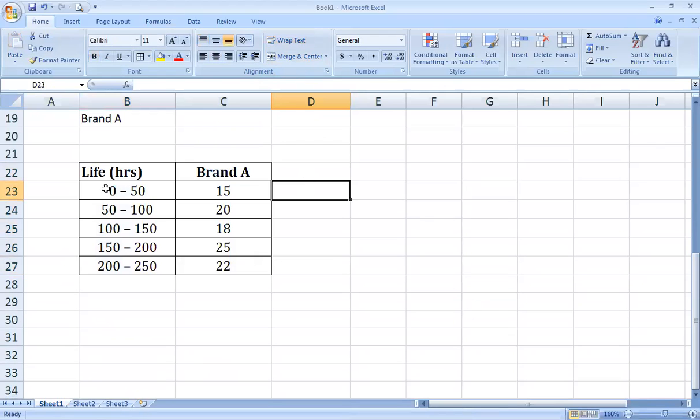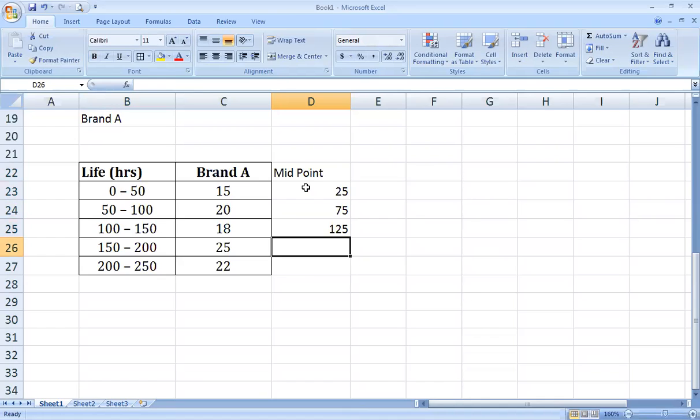So first thing, what we need to find. Here they are given class, right? So we need to find the mid value, the midpoint, as we have identified for the arithmetic mean. 0 plus 50 divided by 2 is 25. Then 150 divided by 2 is 75. Then 250 divided by 2 is 125.